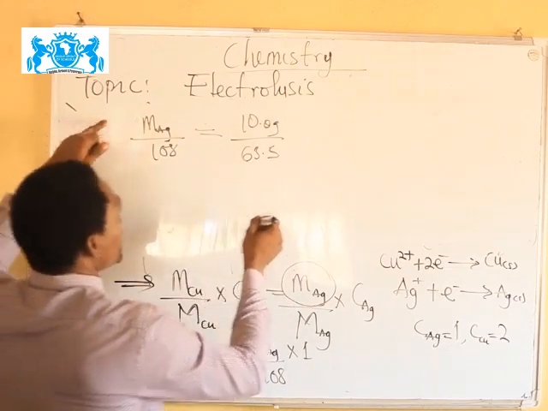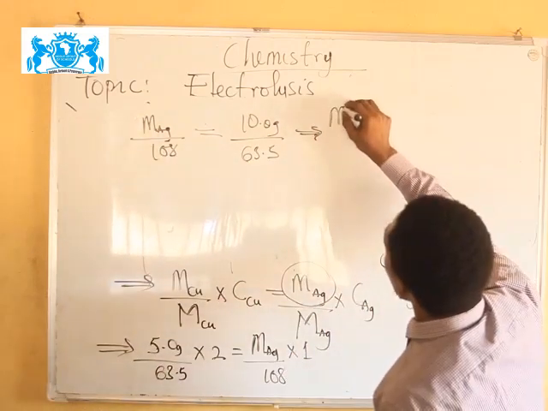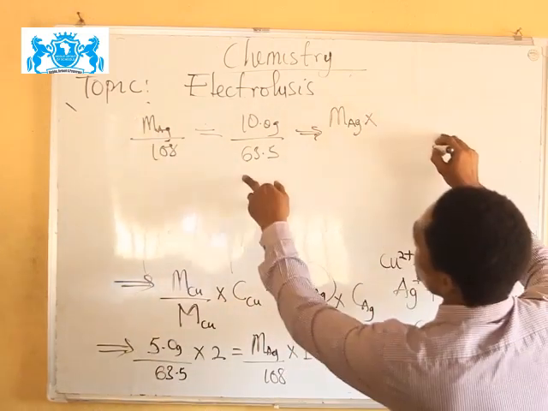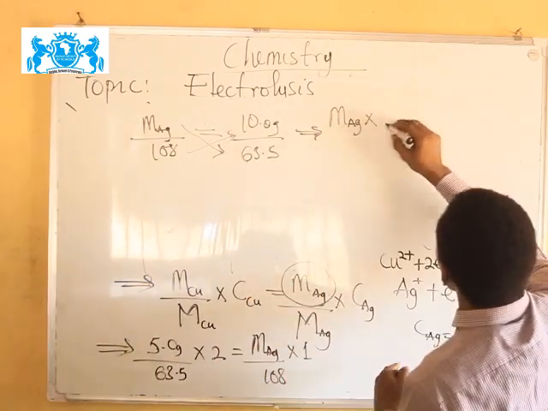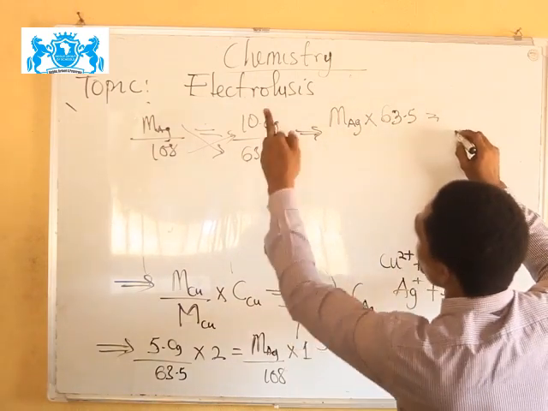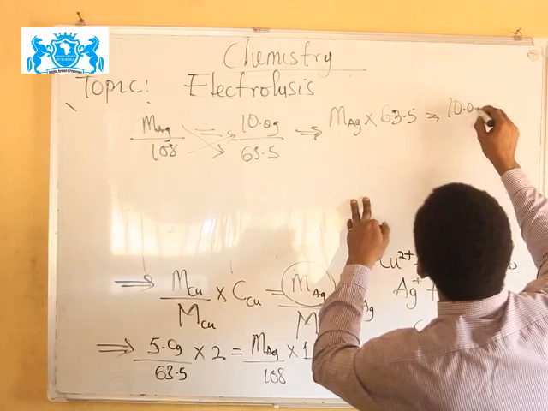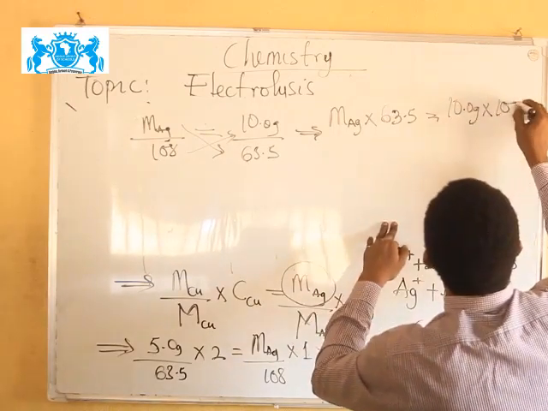Simply cross multiply, and that will imply M_Ag times 63.5 is equal to 10.0 gram times 108.